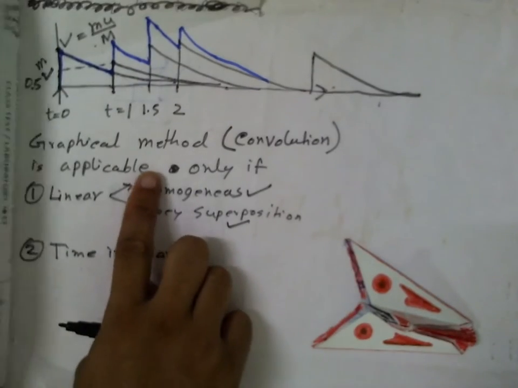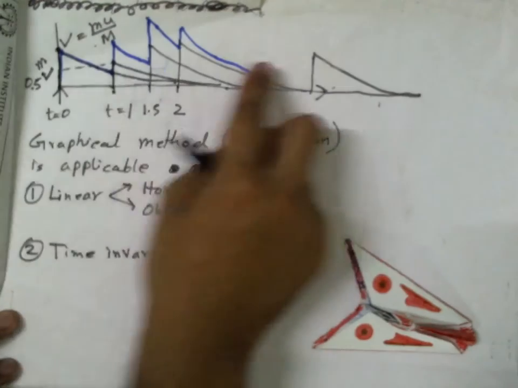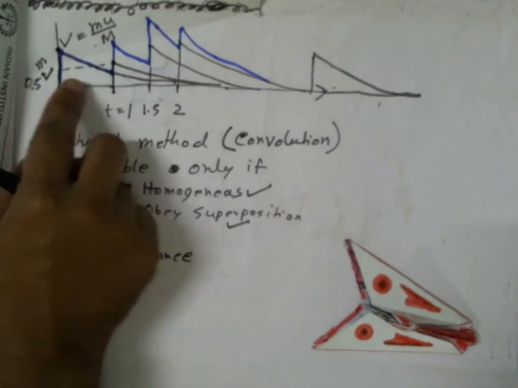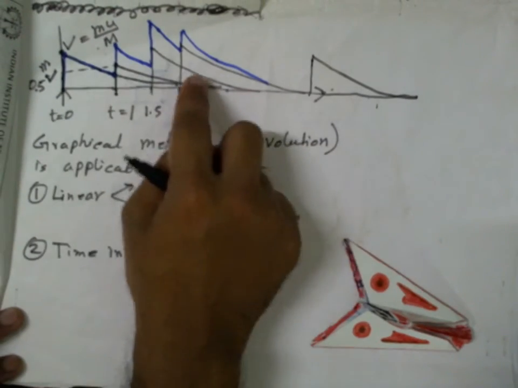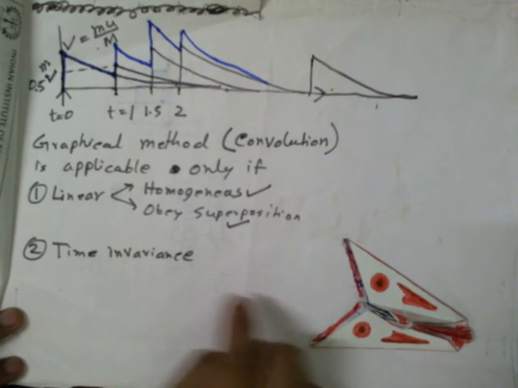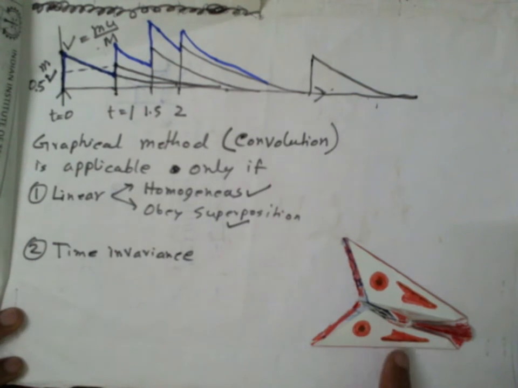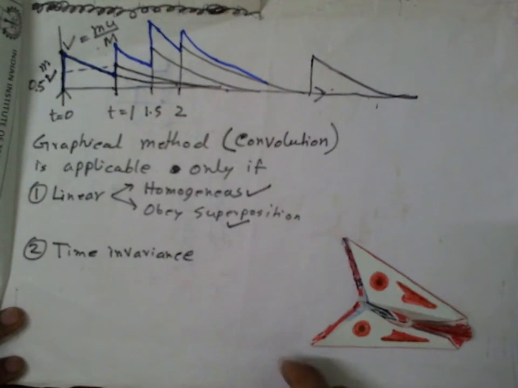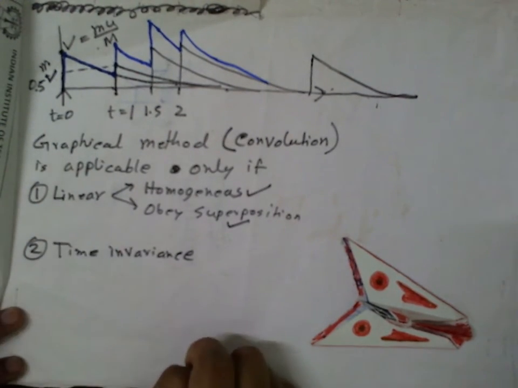We have discussed the graphical method of convolution to obtain the velocity by adding the response to individual impulses or individual rocket bursts, and we have discussed the properties that must be satisfied by the rocket so that we can apply this method of convolution, namely the time invariance and linearity properties.